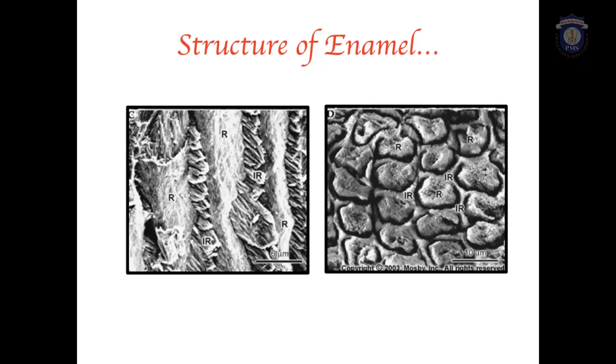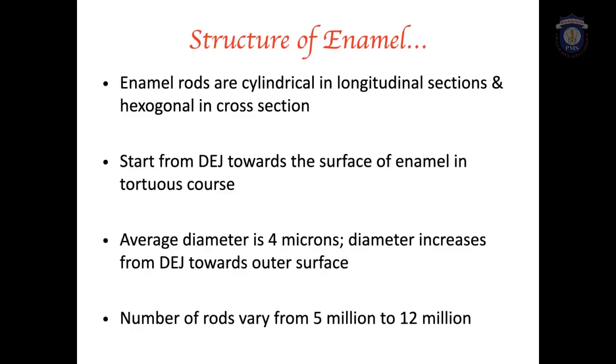Now, this is a picture of enamel rods, where the first picture is the longitudinal section of enamel, and the second picture shows the cross section of the enamel. Enamel rods are cylindrical in longitudinal section.